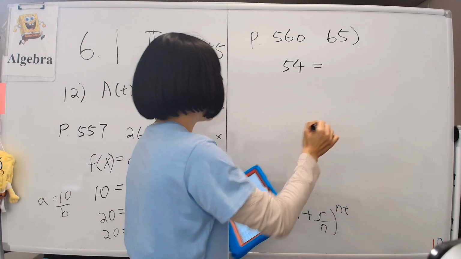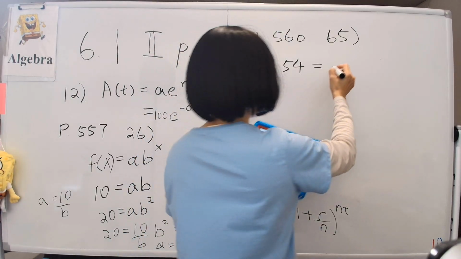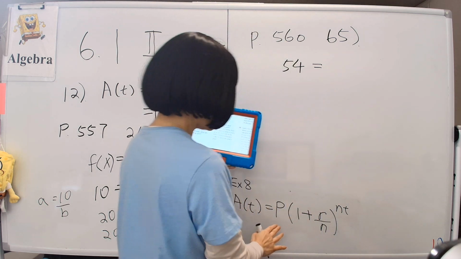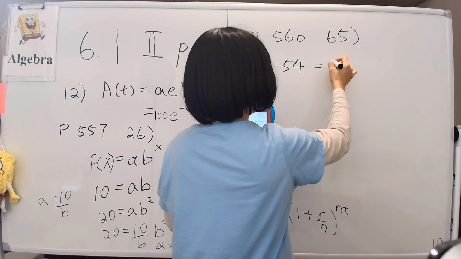So the R is 8.2%, and we'll follow this formula. We don't know what P is.